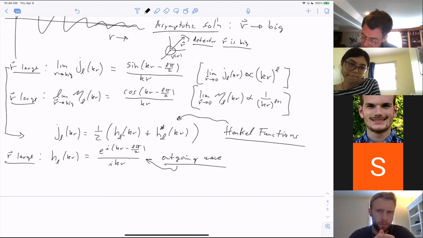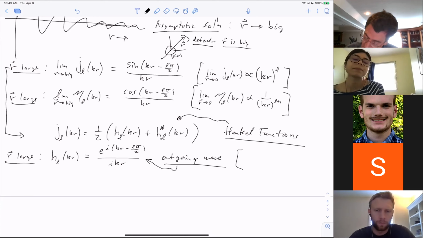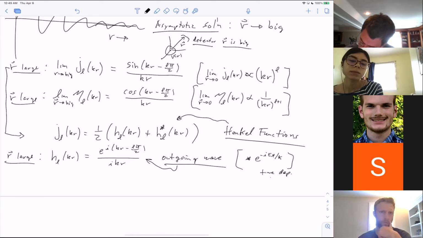But the point is, and I told you this before, to think of it as moving, you just multiply it times e to the minus iEt over h bar, because that is the time dependence for an energy eigenstate, the eigenstate of the Hamiltonian.